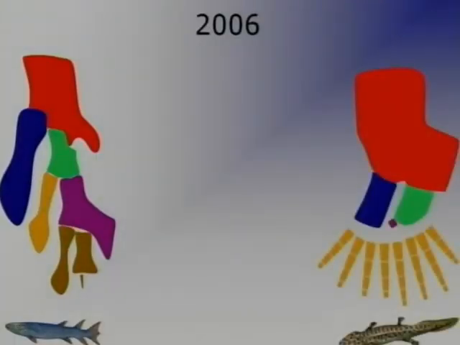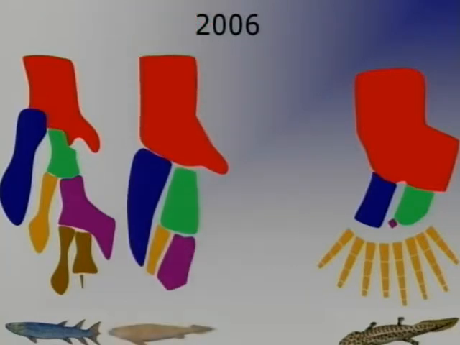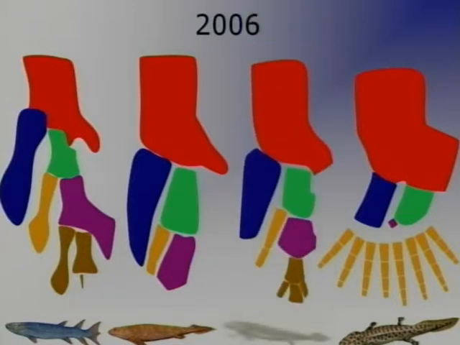So that was 2006, and I've done a few diagrams to illustrate this with a bit more detail. Here is Eusthenopteron, and here we have Acanthostega. And in the middle, up until recently you had Panderichthys, and in 2006 Tiktaalik came in and nicely filled the gap between Panderichthys and Acanthostega.